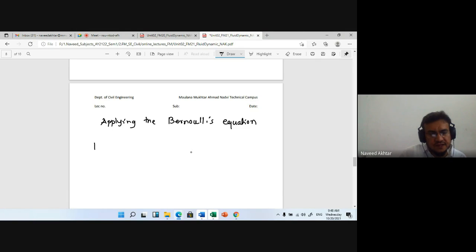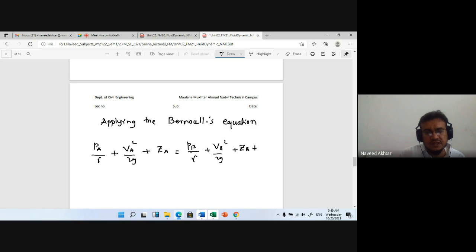So you know that Pa upon gamma plus Va square by 2G plus Za is equal to Pb upon gamma plus Vb square by 2G plus Zb plus head loss HL.